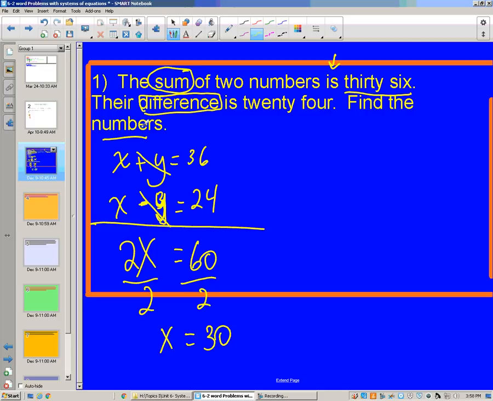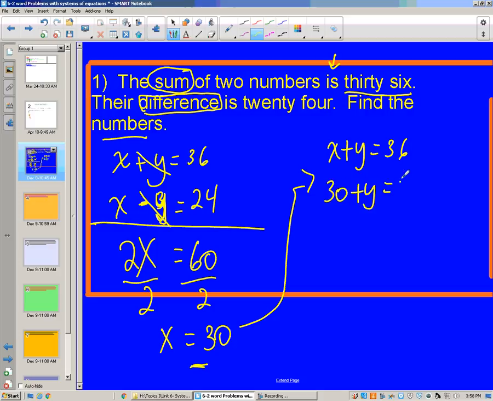So I want to find the numbers. That's x. How do I find y? Well, I can use either one of these equations to help me find y. It doesn't really matter which one. If I use x plus y equals 36, I know x is 30. So what will be the value of y? I subtract 30 from both sides, and y will have to be 6.